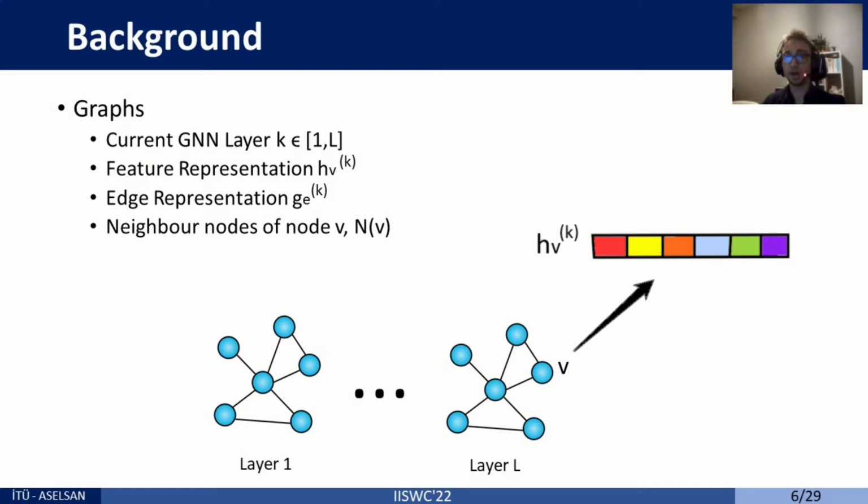At each layer, our nodes and edges may contain information as latent vectors. Such information tells us about the corresponding nodes' or edges' properties, which we call representation or embedding. We can also represent the neighborhood nodes of a node V as N(V), where these nodes are directly connected to node V.